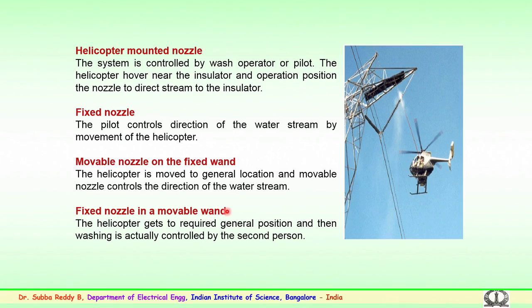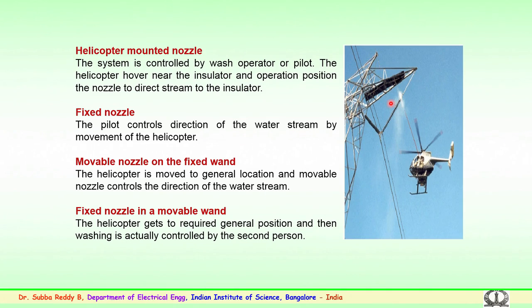The other is the fixed nozzle on a movable wand. Here the helicopter gets to the required general position, and then washing is actually controlled by a second person apart from the pilot. So, various arrangements are being done with helicopter mounted nozzle sets for cleaning the insulators of EHV and UHV transmission systems.